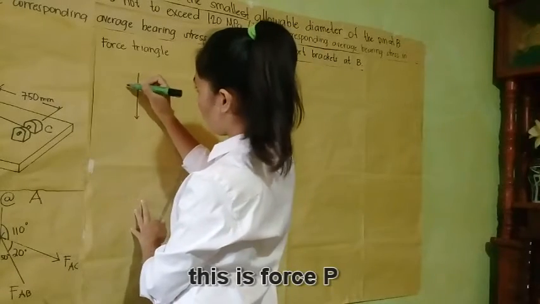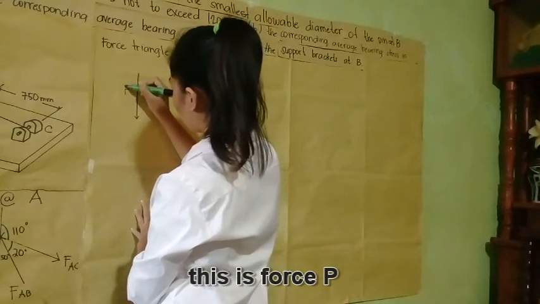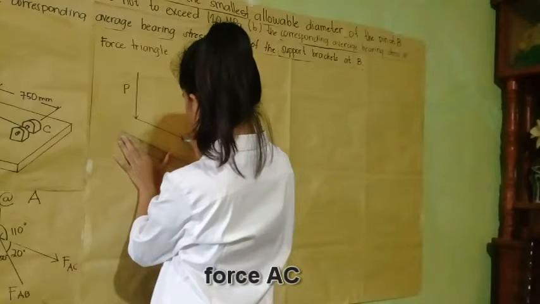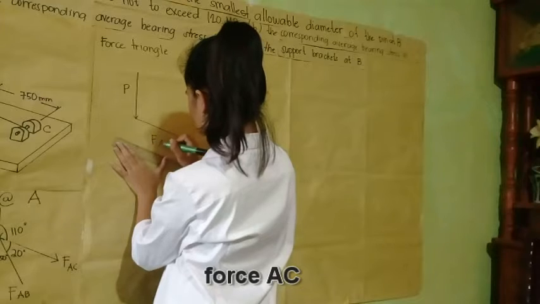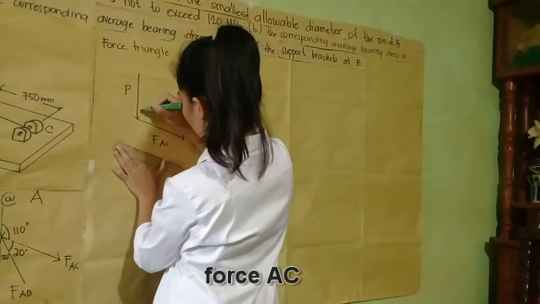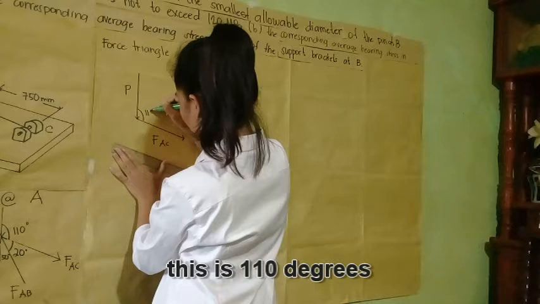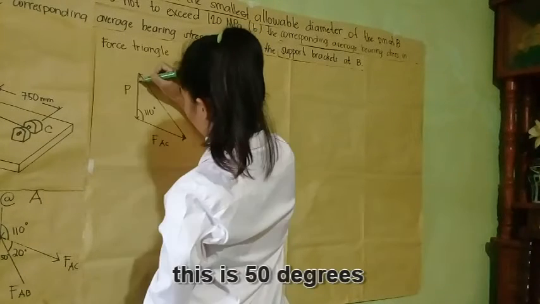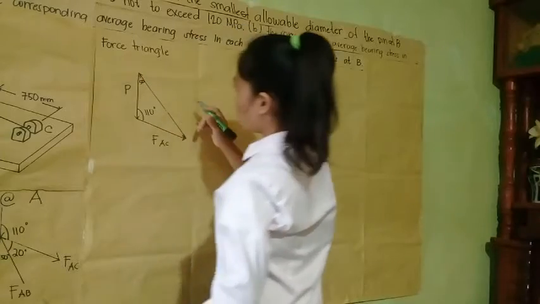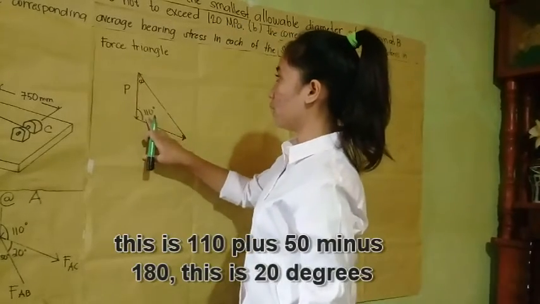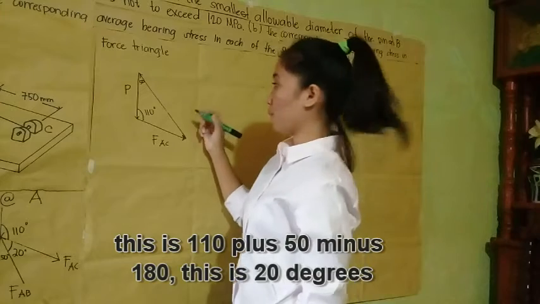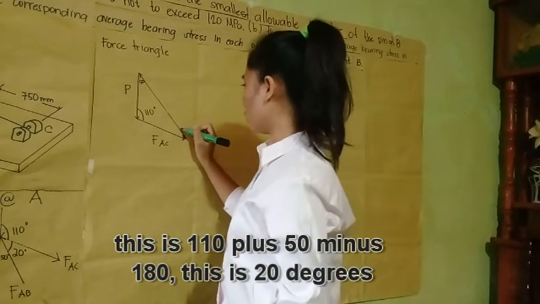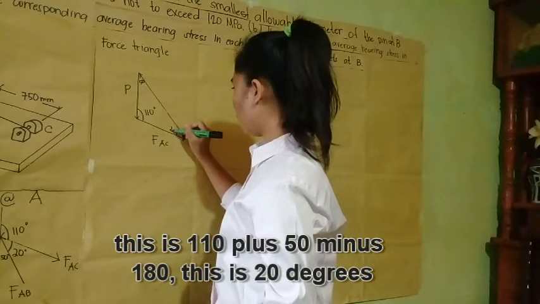So this is P. So 110 plus 50 minus 180 is equal to 20 degrees.